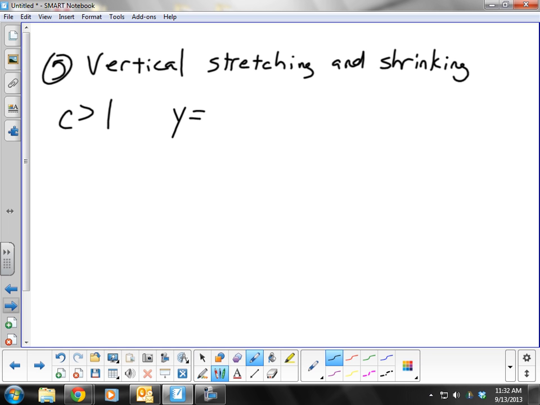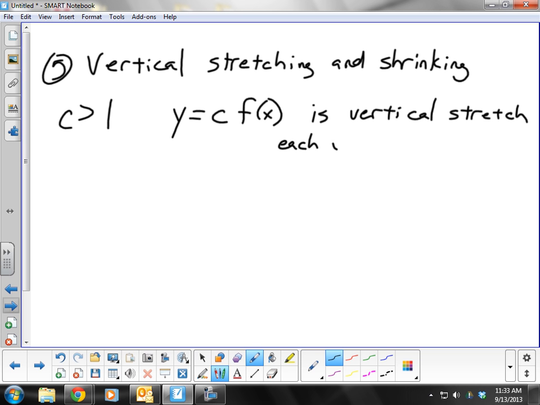So y equals c times f of x is a vertical stretch. And the way you figure out what it's going to look like is you take each y coordinate and multiply by c.